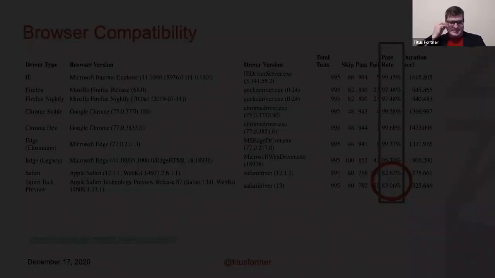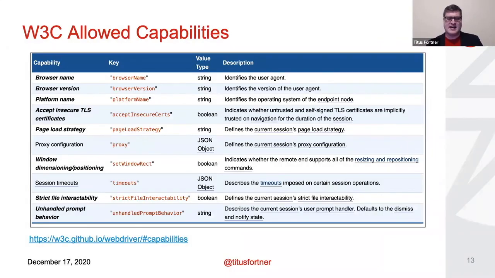All right, so W3C. There are 10 allowed capabilities for W3C. And that's it. These are all that's allowed at the top level. Browser name, browser version, platform name. These are essentially things that limit what driver to get. These are useful for the grid or for Sauce Labs or BrowserStack.